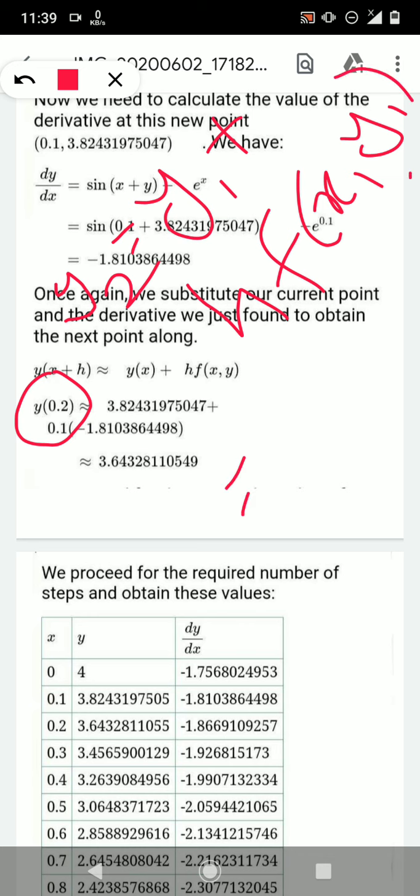Just replace those values. y1 we have already calculated in the previous step, from the function value at x0, y0.